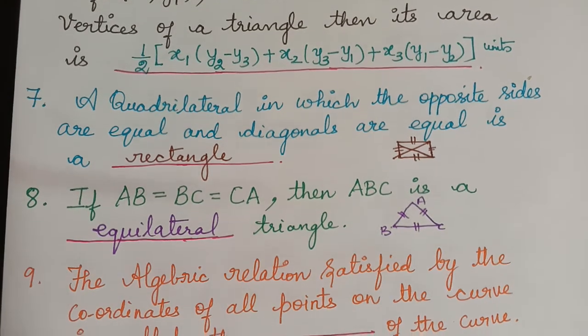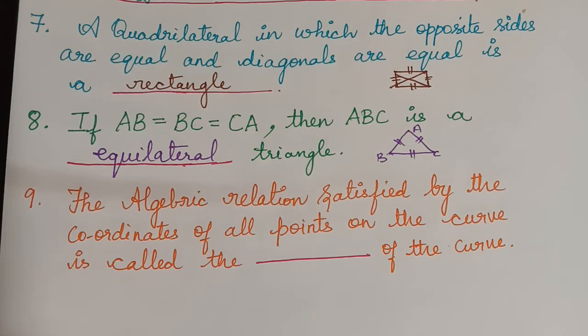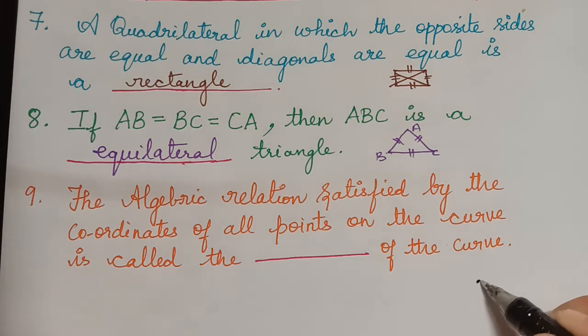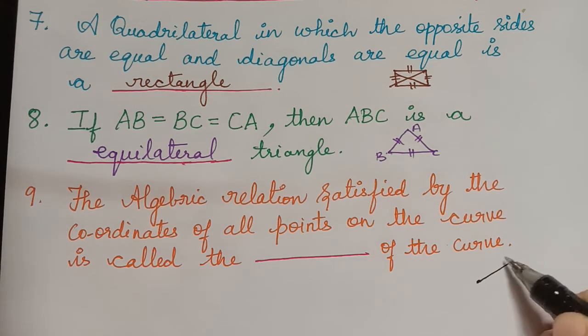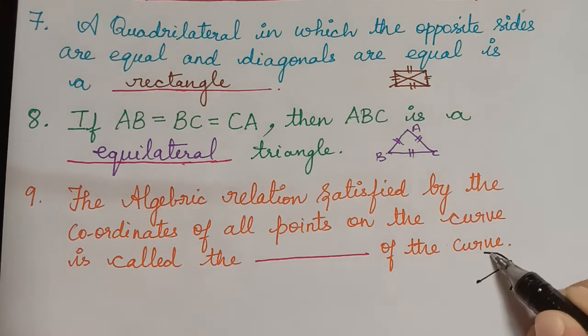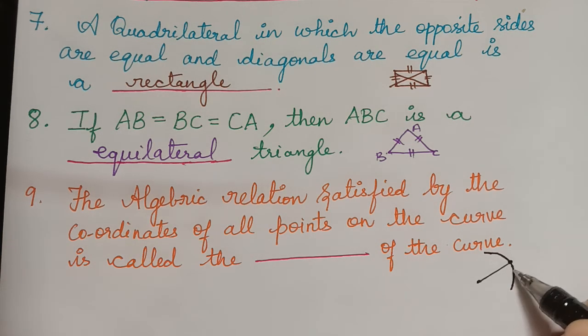The next question is, the algebraic relation satisfied by the coordinates of all points on the curve is called the dash of the curve. So with respect to a particular point, another point will be moving, and as that point moves, it forms a curve, and there will be an algebraic relation for this curve.